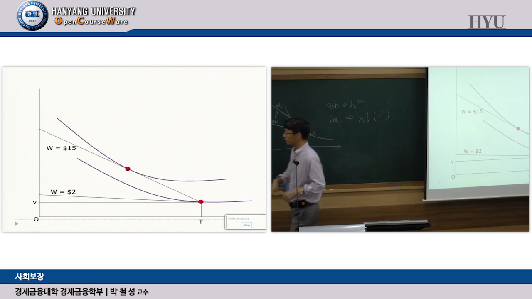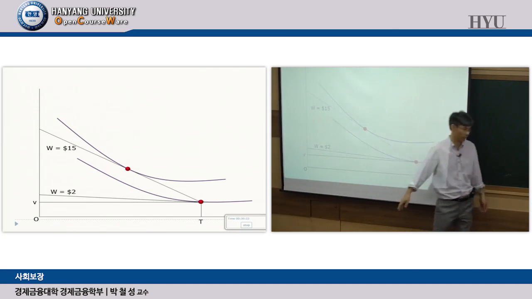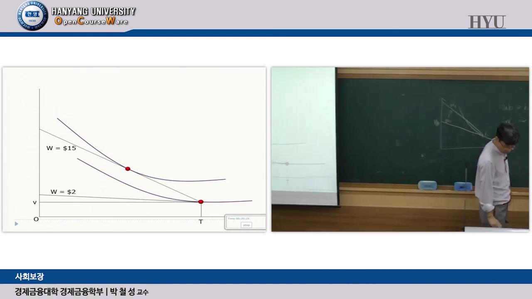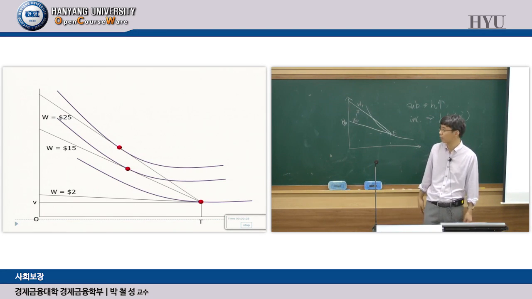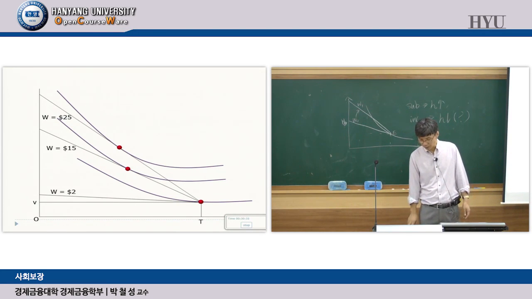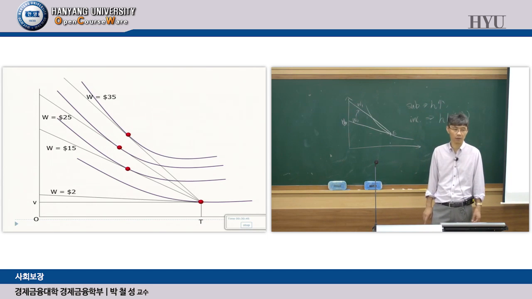The number of hours is counted from T to the left. We can do this exercise for any wage rate, like $25, and the person works more. So what effect dominates? Substitution effect dominates income effect. Let's say $35. Now, which effect dominates which? Income effect dominates substitution effect.